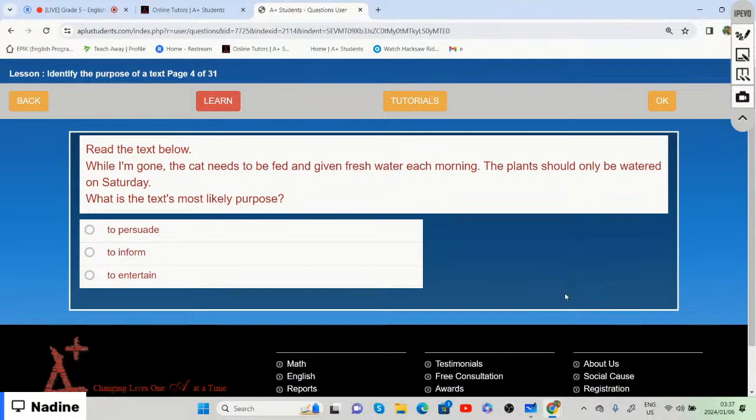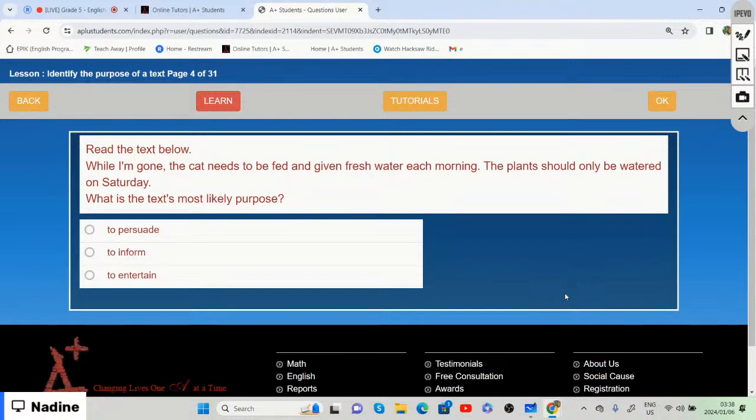So while I'm gone, the cat needs to be fed and given fresh water each morning. The plants should only be watered on a Saturday. Are they persuading us to do something? Are they informing us or trying to entertain us? So when I'm gone, the cat needs to be fed and given fresh water each morning.